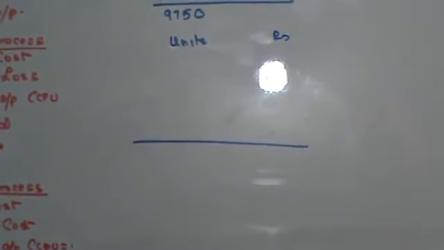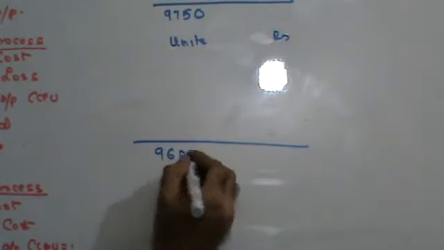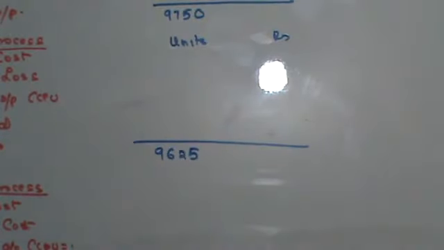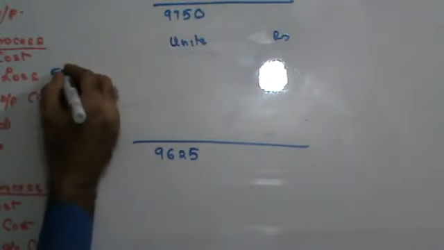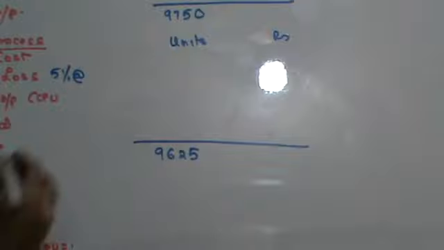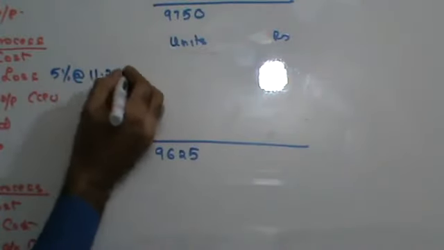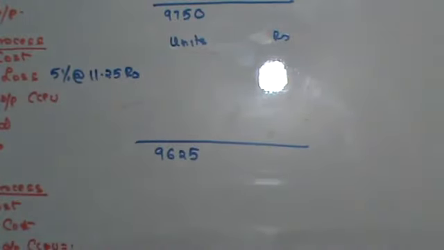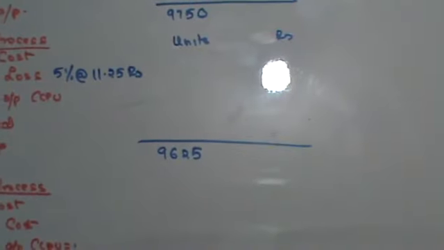Now they've said that your actual output should be 9,625. Normal loss is given to you as 5%, and scrap value is given to you as 11.25. Okay, that's process B. Let's come to process C.